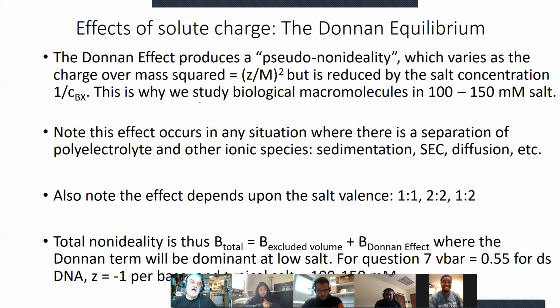I'm telling you 100, 150, but depending on the charge, that may not be large enough. So the Donnan effect is basically a virial expression or a virial coefficient caused by charge. It goes as Z squared, it's Z over M squared, and it goes as 1 over the salt concentration.